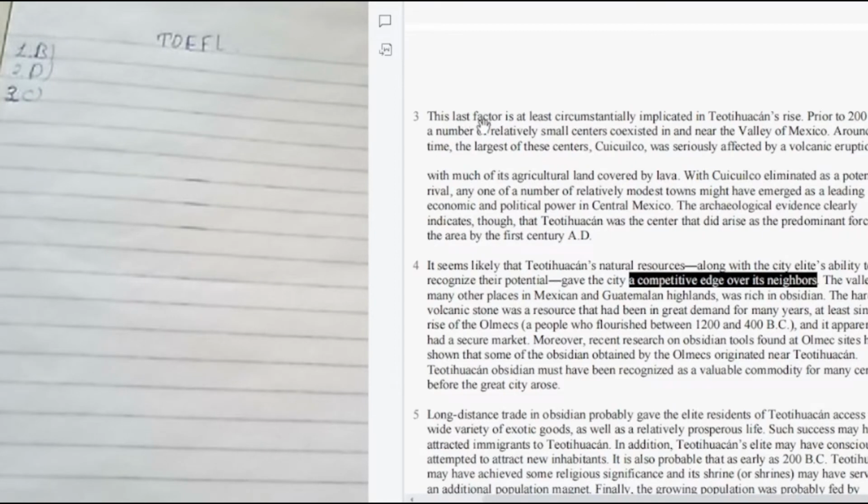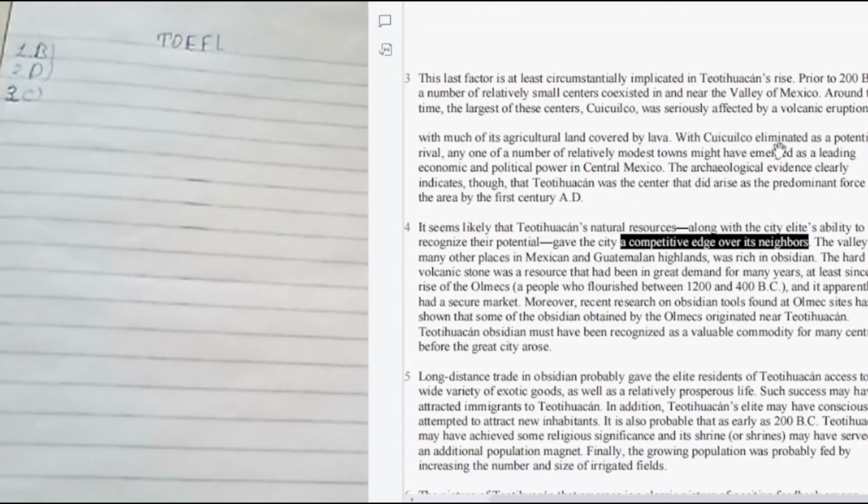This last factor is at least circumstantially implicated in Teotihuacan's rise. Prior to 200 BC, a number of relatively small centers coexisted in and near the Valley of Mexico. Around this time, the largest of the centers, Cuicuilco, was seriously affected by a volcanic eruption, with much of its agricultural land covered by lava.